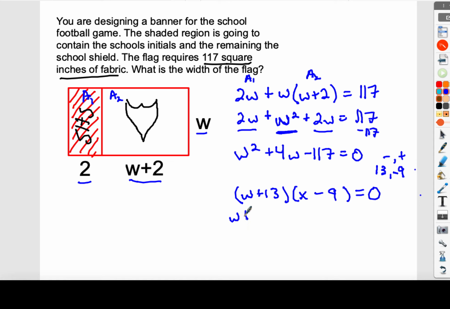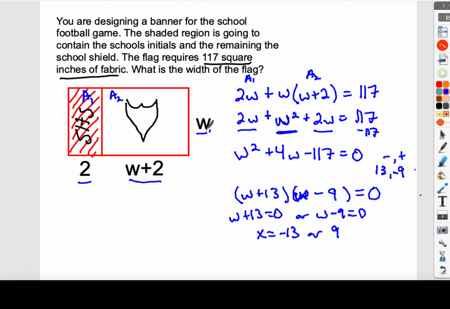In that case, W plus 13 could equal 0, or W minus 9 could equal 0, and W could be negative 13 or positive 9. I would subtract 13 on the right, and add 9 on the right, and I get my two answers.